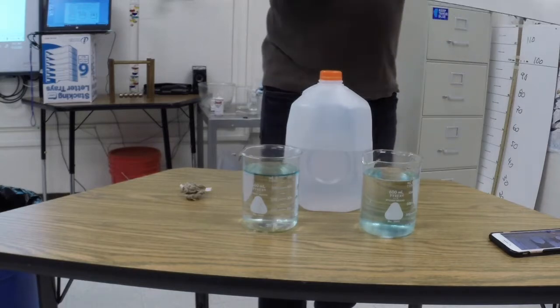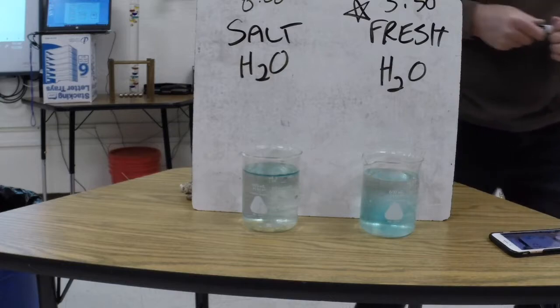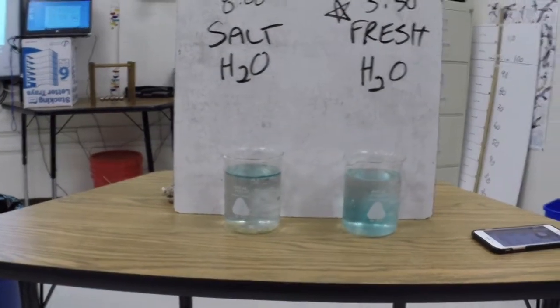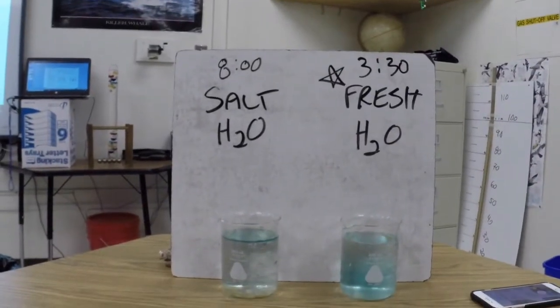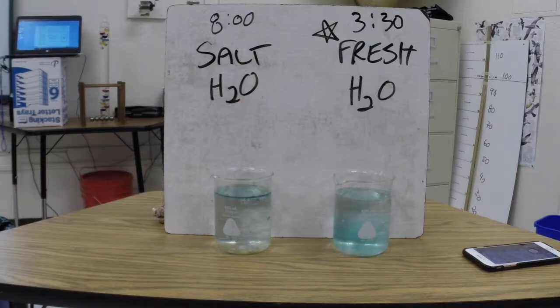So color in those diagrams. Record the time when they melted, and label each beaker, which was the fresh water, which was the salt water.